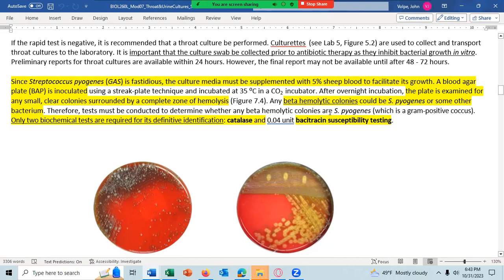And this we call an enriched media. A blood agar, also called BAP, is inoculated, and then the plate is examined for small, clear colonies which are usually whitish, and then they have a clear zone of hemolysis around the colony.